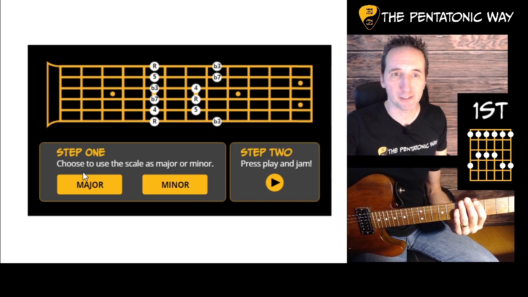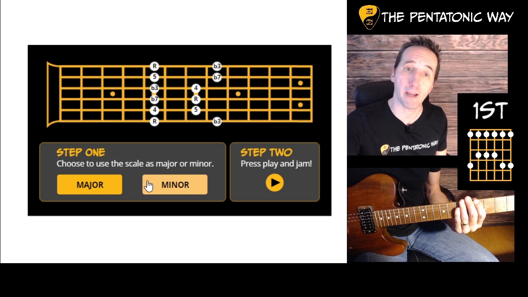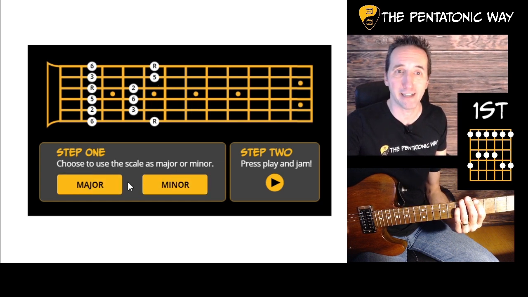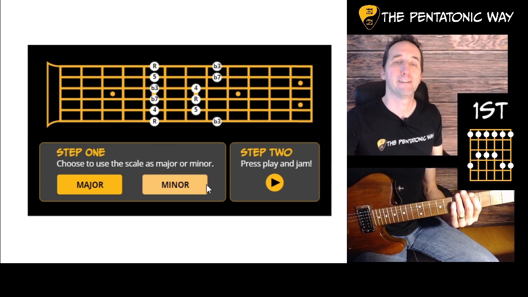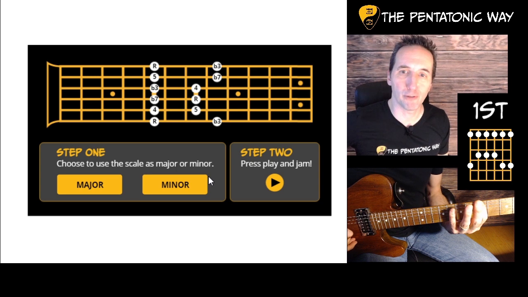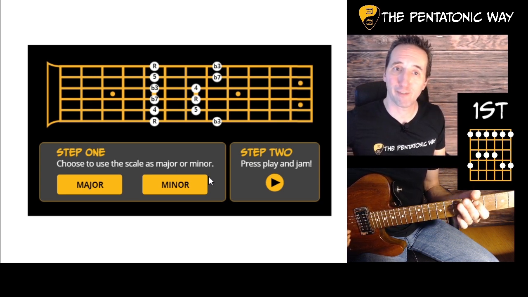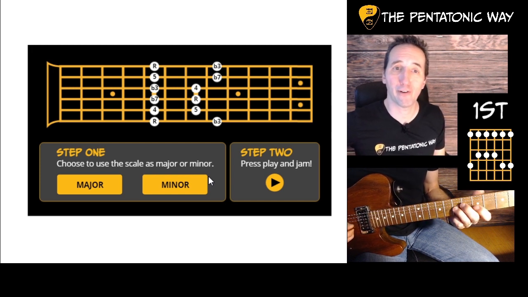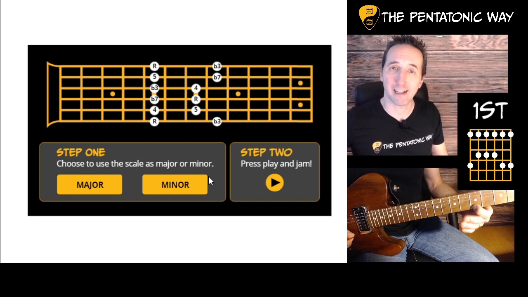In both cases, it stays as the root because we're playing A. So we're going to go A minor or A major, because that note on your 5th string is A. We would have root, flat 3, 4, 5, flat 7, root, flat 3, 4, 5, flat 7. Then on the high E string, you get the root and the flat 3.